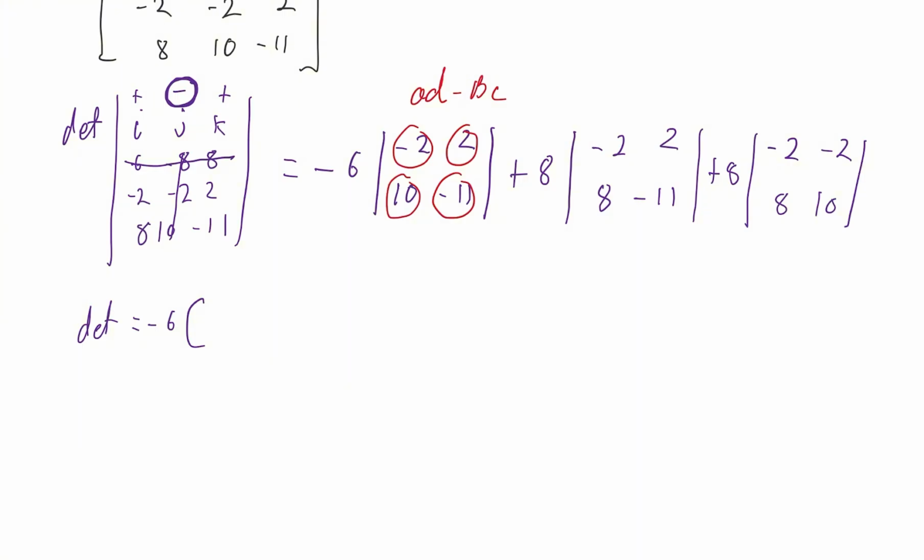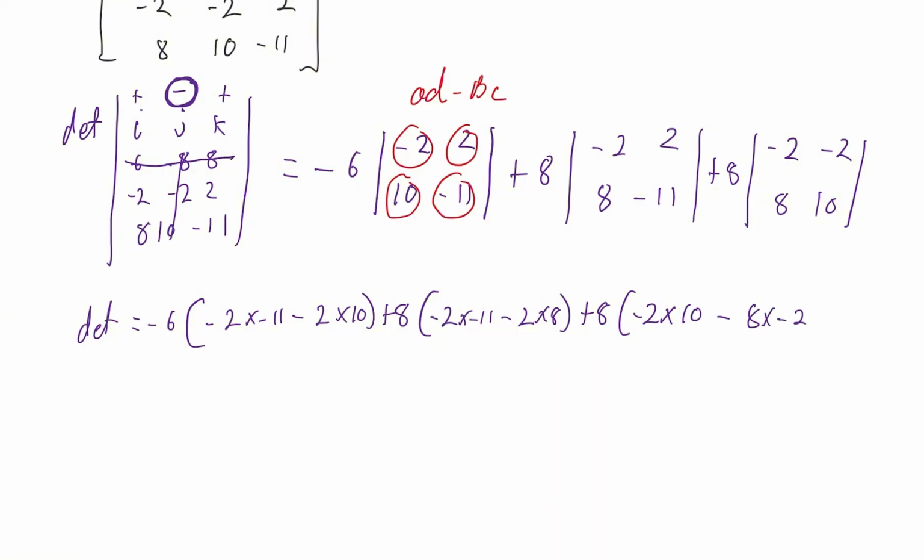So it's going to be minus 2 times minus 11 minus 2 times 10, plus 8 outside of minus 2 times minus 11 minus 2 times 8, plus 8 outside of minus 2 times 10 minus 8 times minus 2.